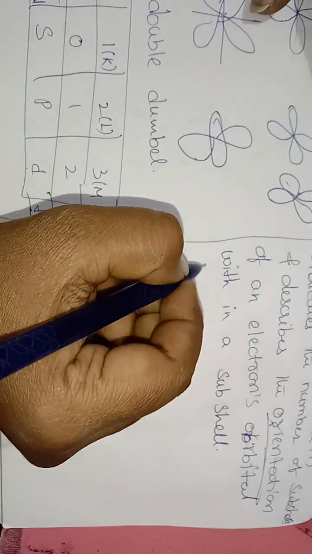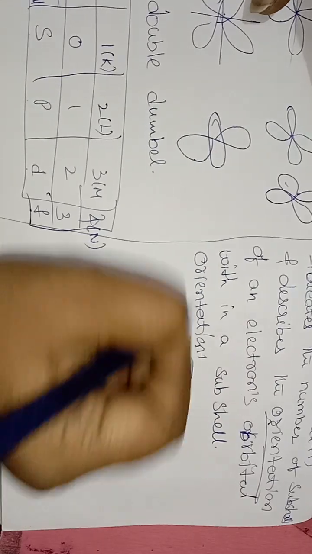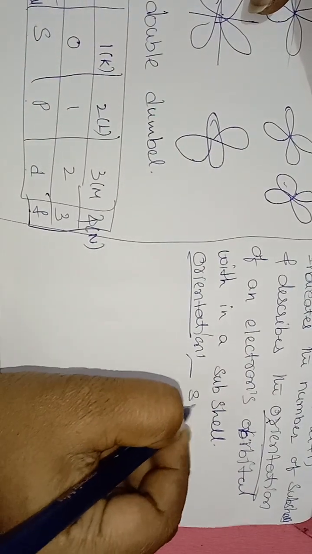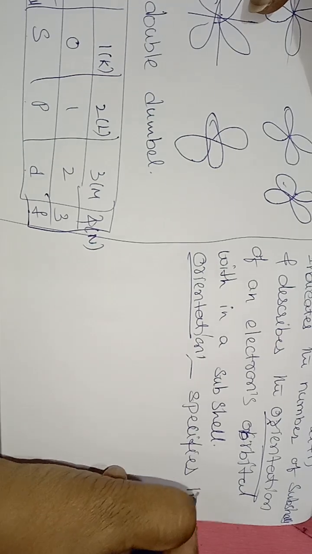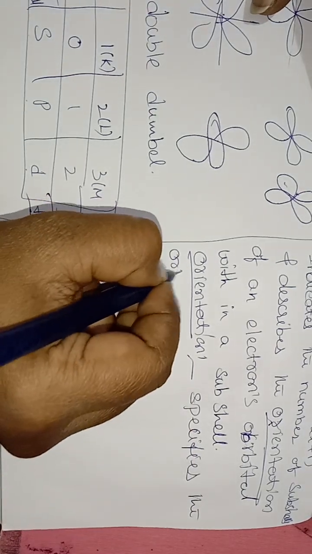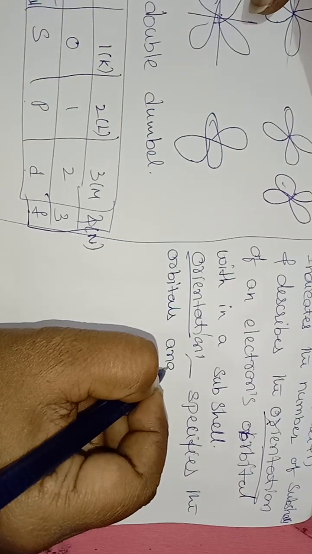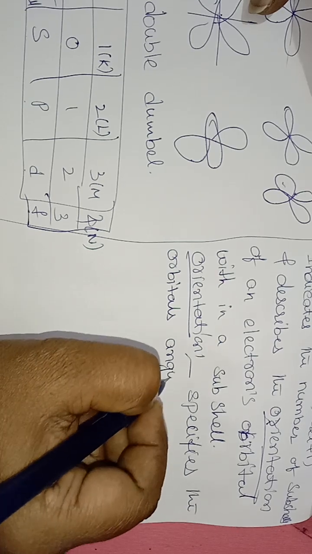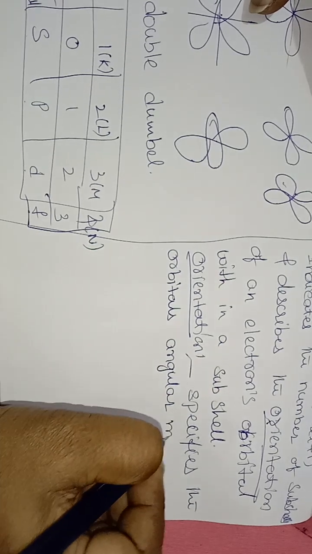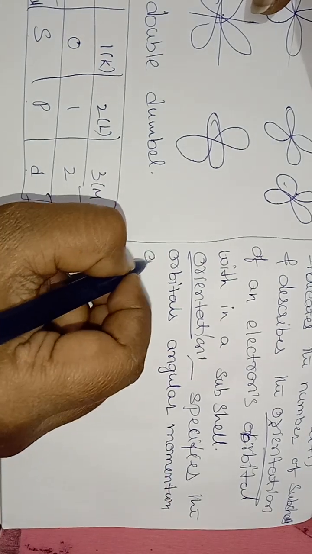What does orientation mean? It specifies the orbital's angular momentum along the given axis, so how much angle they are making, how they are revolving.